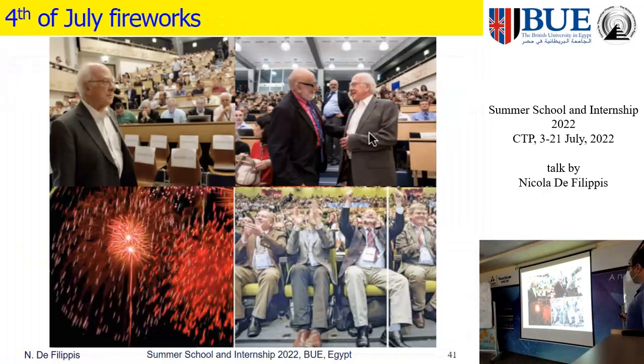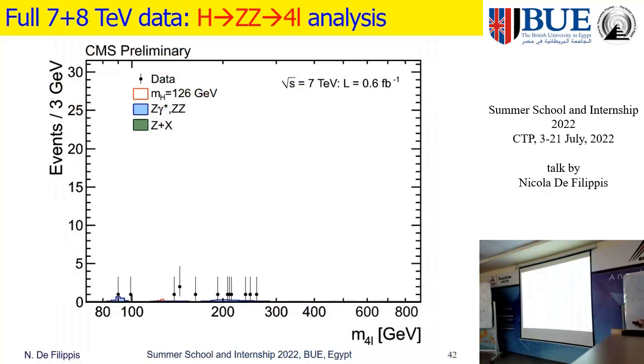And here you could see Peter Higgs and Francois Englert in the main auditorium at CERN when the discovery was announced. They were invited at that time, even if we were not sure about the fact that we had really discovered what they predicted 50 years before.